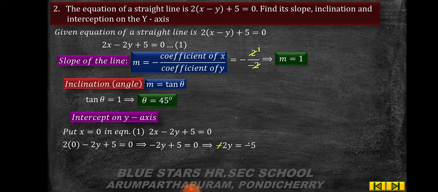So minus minus gets cancelled, which implies y is equal to 5/2. This is nothing but the y-intercept or c value. So the y-intercept is equal to 5/2. Now in this problem, using the equation of the straight line, you found the slope, inclination and also the y-intercept value.